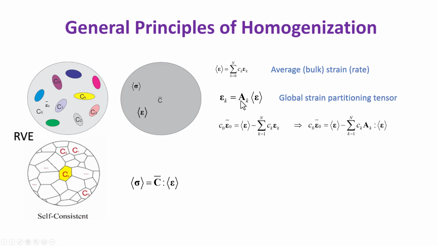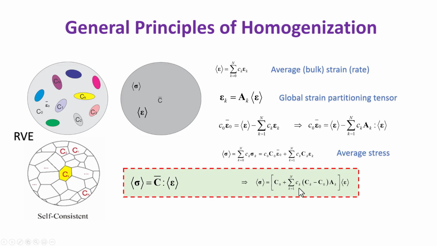And that equation, with this partitioning equation substituted into this term, gives rise to this equation. On the other hand, the average stress is this one. Substituting Hooke's law, we get this relationship. And substituting this into this relationship, or combining these two equations, we get this relationship.